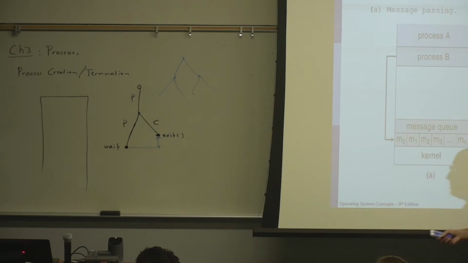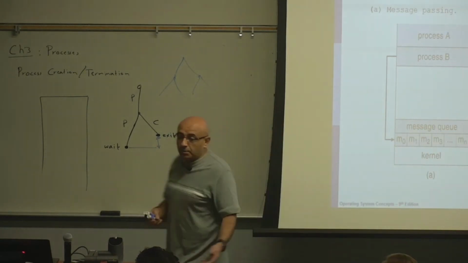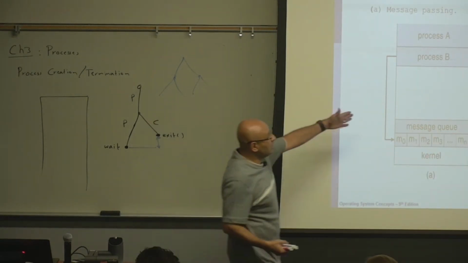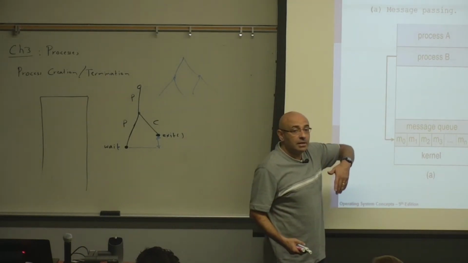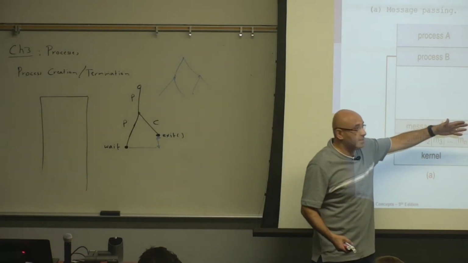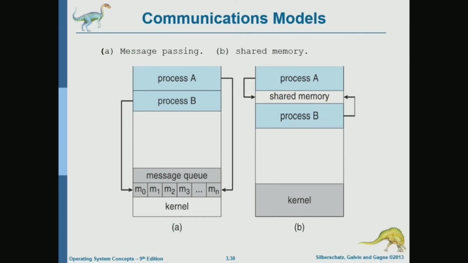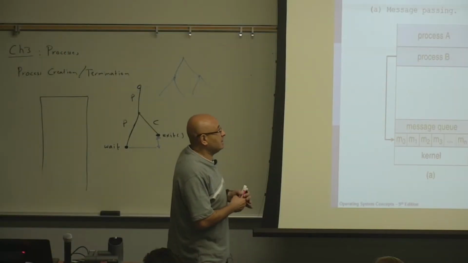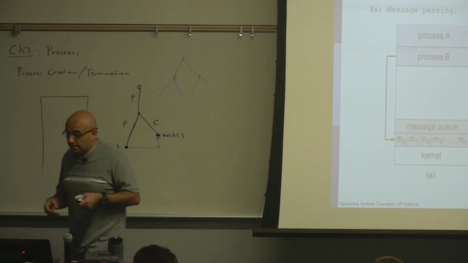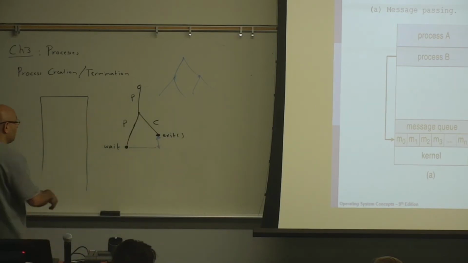Now, given this description, which do you think will be faster, message passing or shared memory? Yeah, shared memory will be generally faster, but in certain cases, on a multi-processor system, because of cache coherency problems, shared memory may end up being too slow that it may end up being slower than message passing.